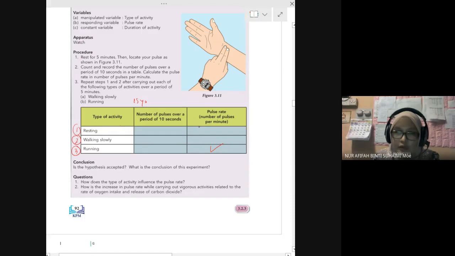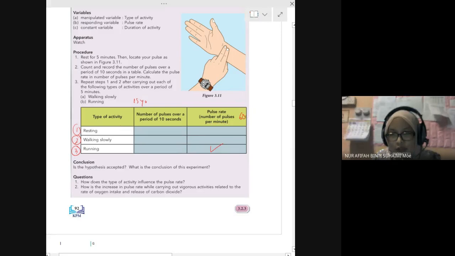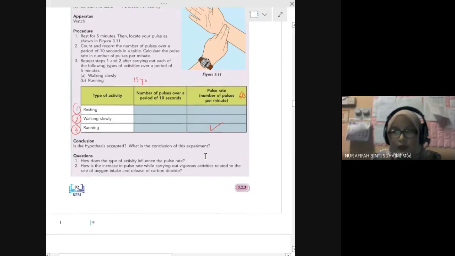So we will see what happened. Count after 10 seconds and after 60 seconds, which is 1 minute. From the activity here, we already know running will produce a higher pulse rate.